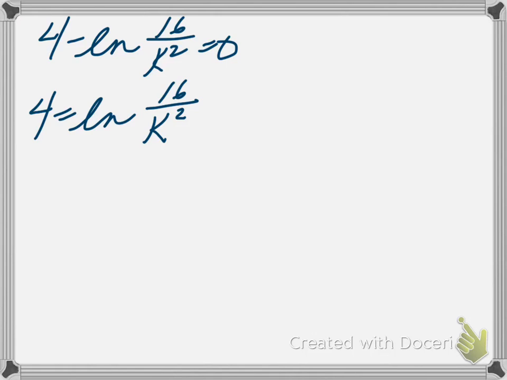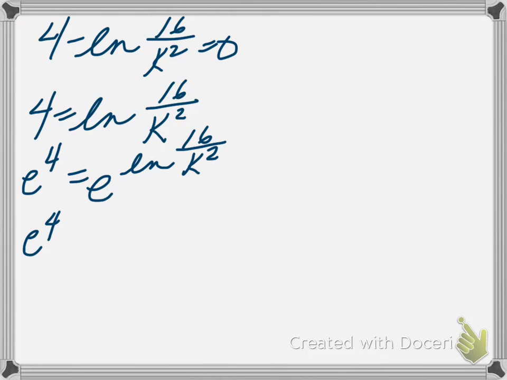Okay, so remember we said that the way you get rid of ln is to create a base of e on each side. Okay, and then we can simplify, because remember that rule that says if there's a base of e here and a base of e here, and you know there's a base of e there because it's ln, then this entire thing is going to equal this part right there.